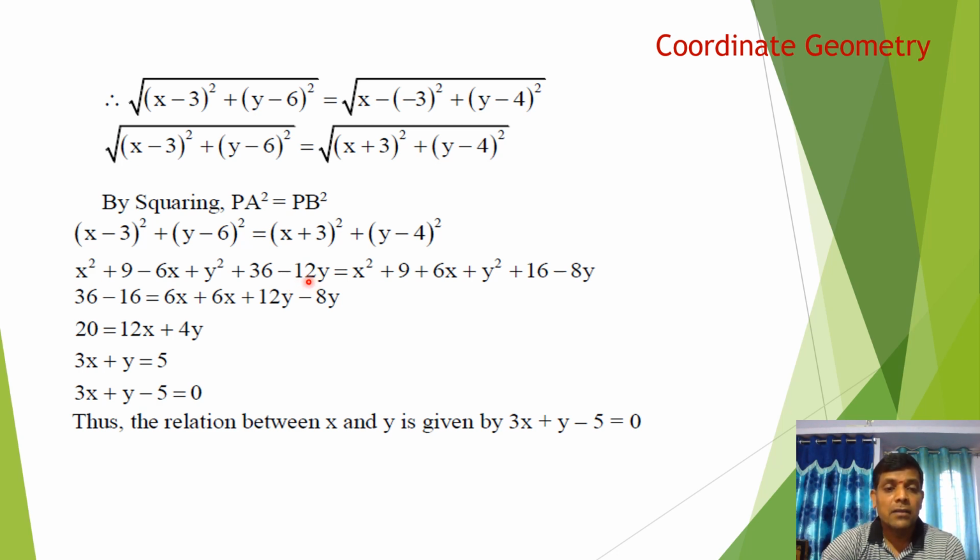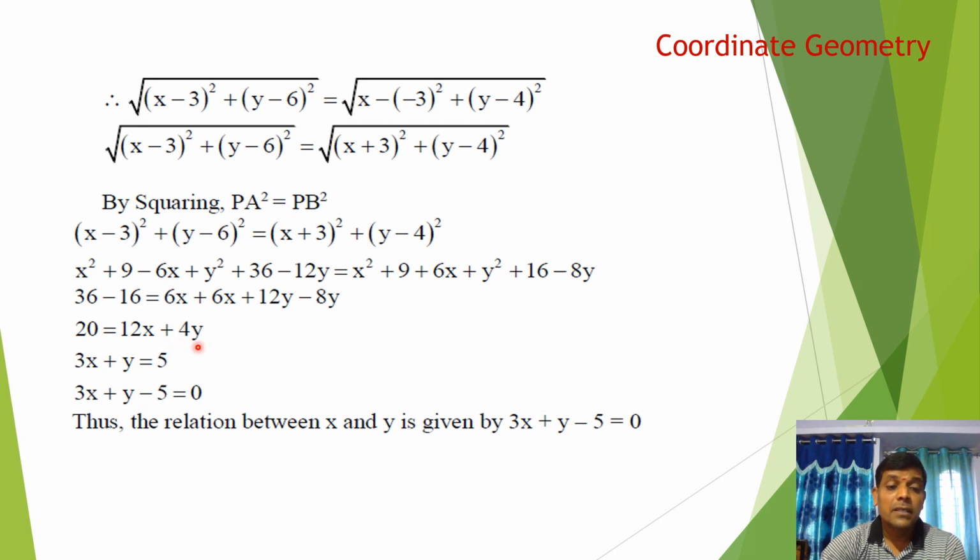Transpose minus 12y from LHS to RHS, it becomes plus 12y and minus 8y. 36 minus 16, 20, equals 6x plus 6x, 12x, plus 12y minus 8y, 4y. Now 36 minus 16, 20, equals 12x plus 4y.